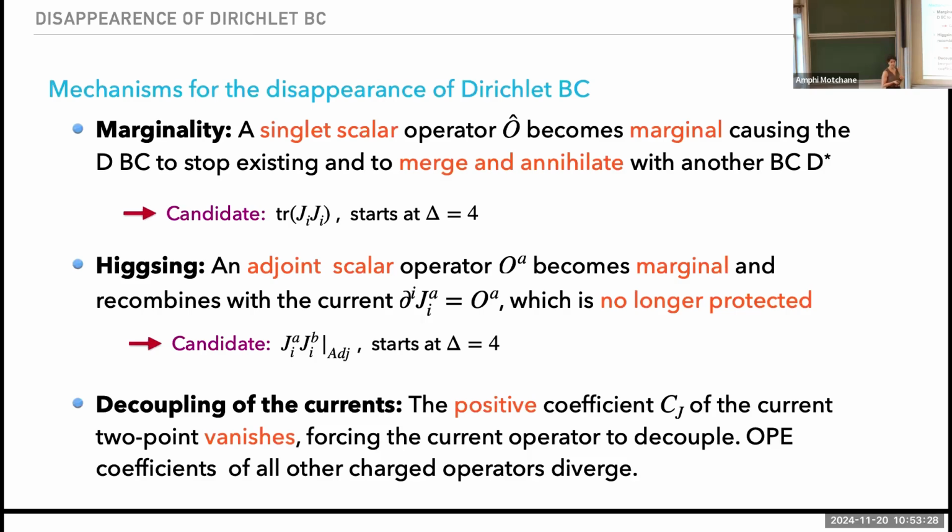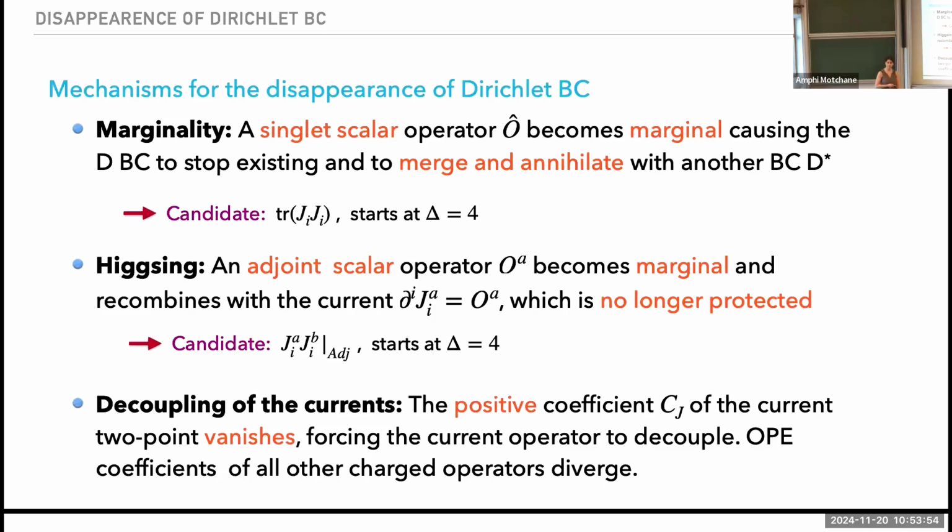This starts at delta equal to 4. Recall that the boundary is three-dimensional, so marginality is reached at delta equal to 3. The candidate for the adjoint scalar operator is instead the adjoint part of the product of two currents, which again starts at delta equal to 4. And finally, we computed the correction to the Cj coefficient to test the last scenario.